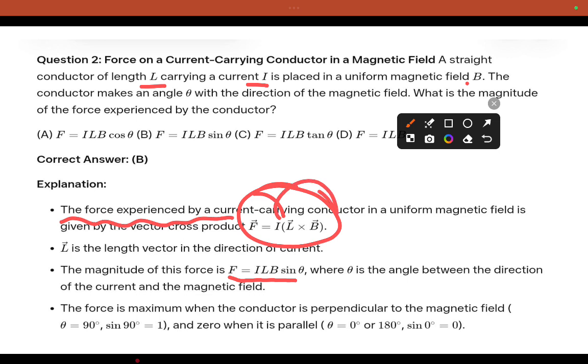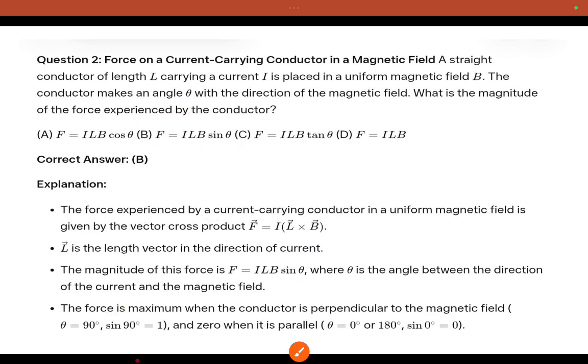The force is maximum when the conductor is perpendicular to the magnetic field, so when theta is 90 degrees, the force will be maximum. When theta is 0 or 180, it will be minimum. So your answer is F equal to BIL sin theta.